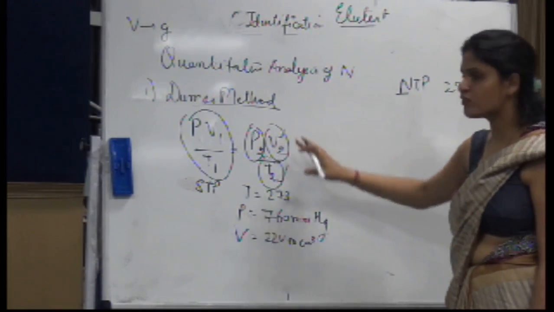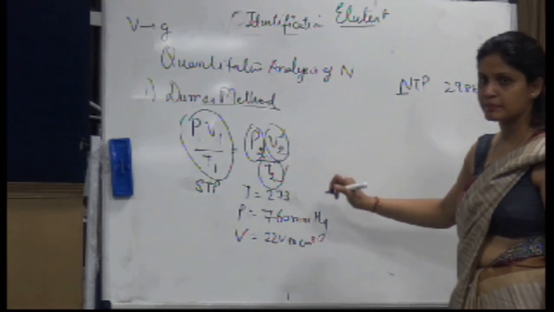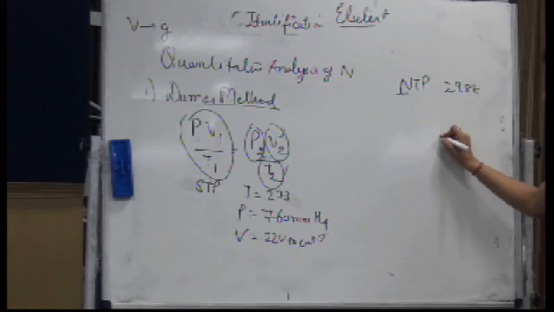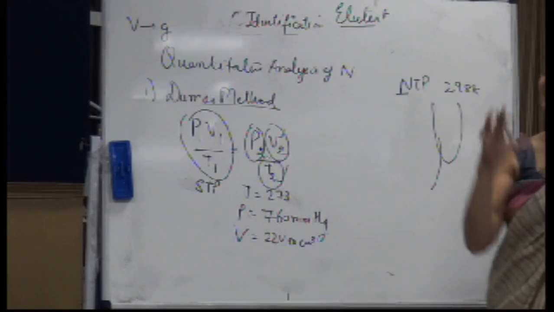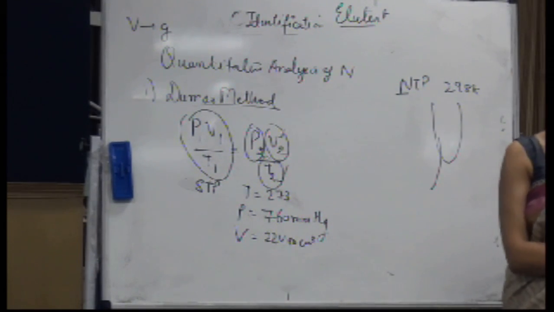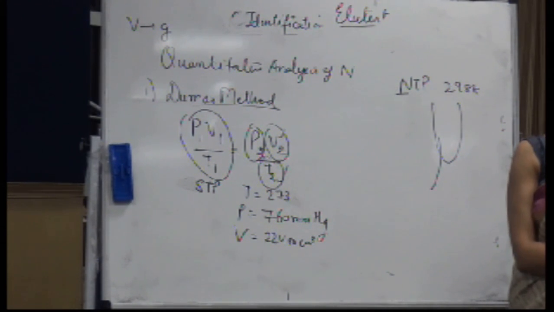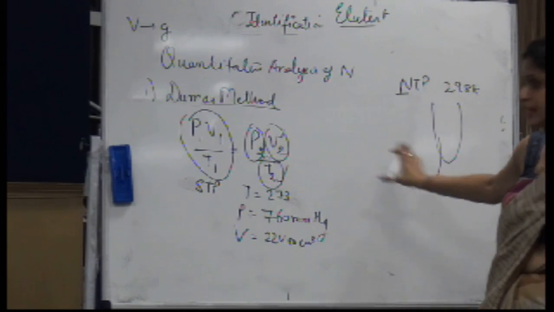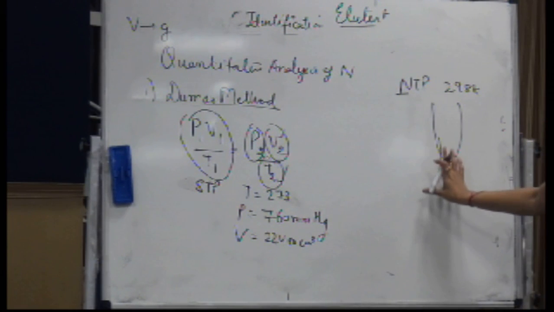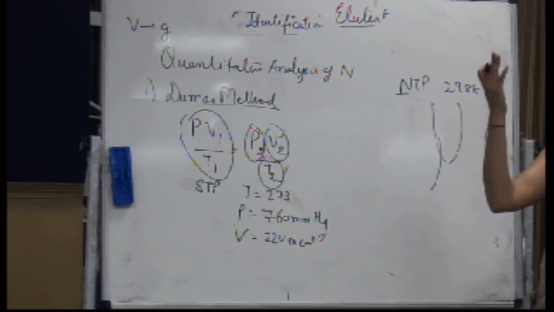So how do I find the volume? Do you think that the nitrogen which has been collected in the nitrometer is at the same pressure as that of atmospheric pressure? Is it necessary? It is not necessary that the nitrogen measured by the nitrometer has the same atmospheric pressure.